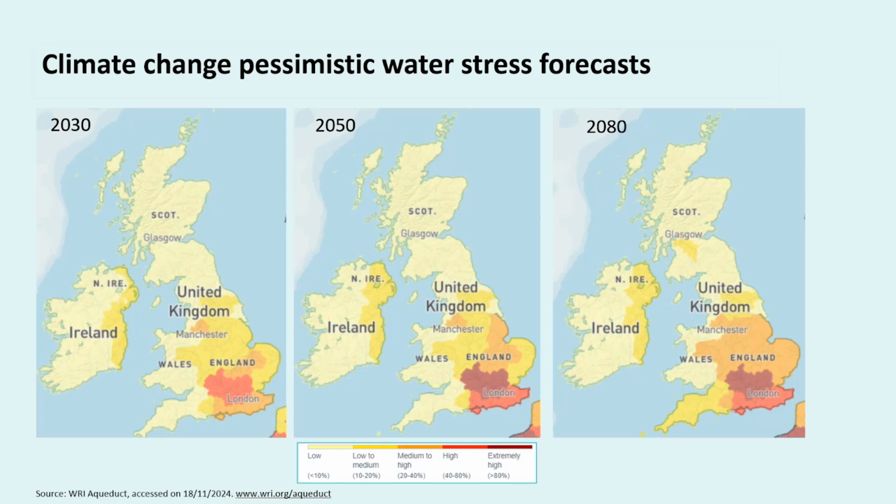So as shown here, the Aqueduct model forecasts water stress worsening across England over time, with extremely high stress in the Thames Valley, high stress in the southeast, and medium to high stress in East Anglia, the Midlands, and up into the northwest and northeast. And if anything, this still underplays the acute situation in Sussex North and Cambridgeshire.